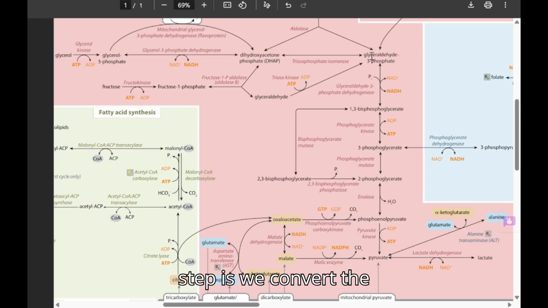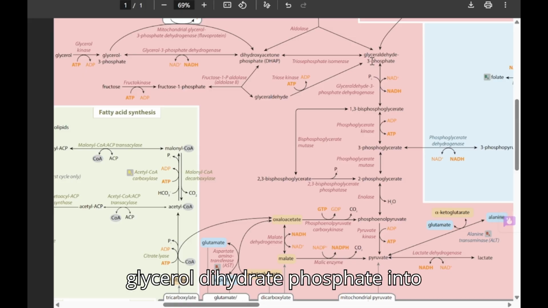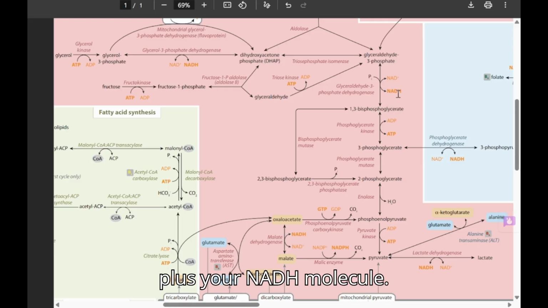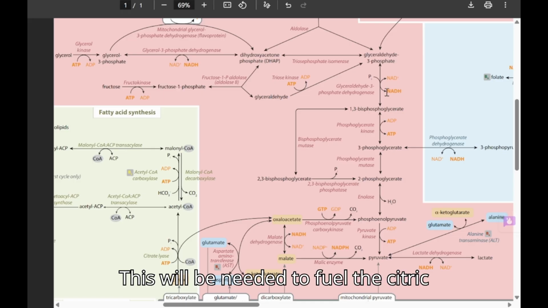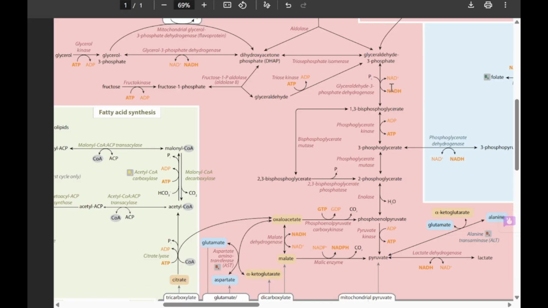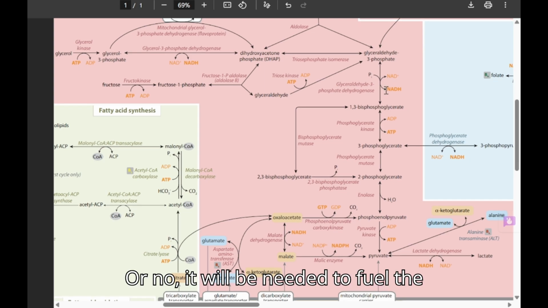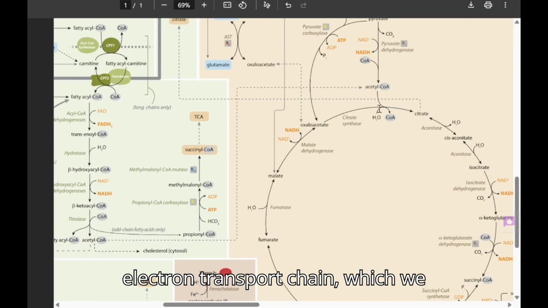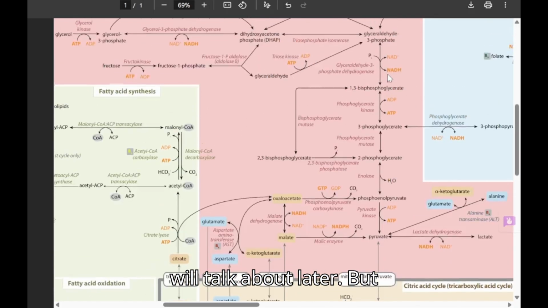The next step is we convert the glyceraldehyde 3-phosphate into 1,3-bisphosphoglycerate plus an NADH molecule. This will be needed to fuel the electron transport chain, which we will talk about later.